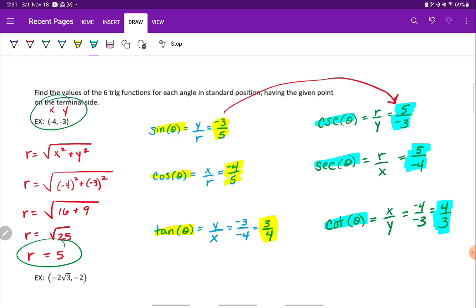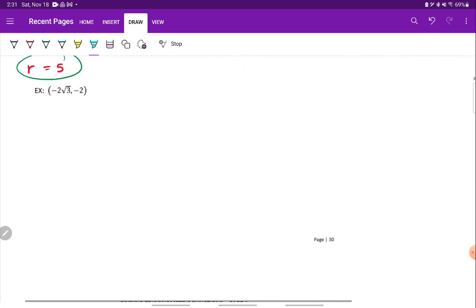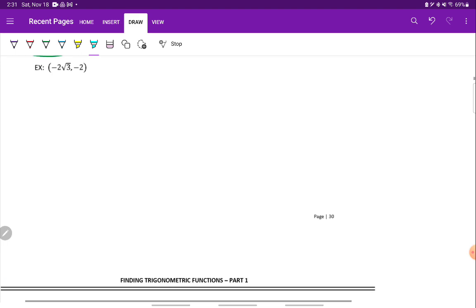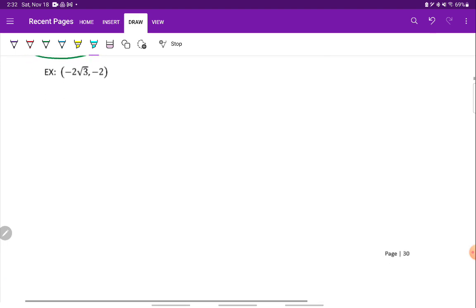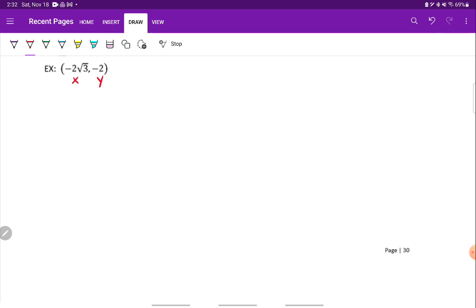Let's try another one. Exact same idea. This is the only way we do these problems. They've given us an ordered pair, so this is our x and our y value, and we need to find r, where r is equal to the square root of x squared plus y squared.